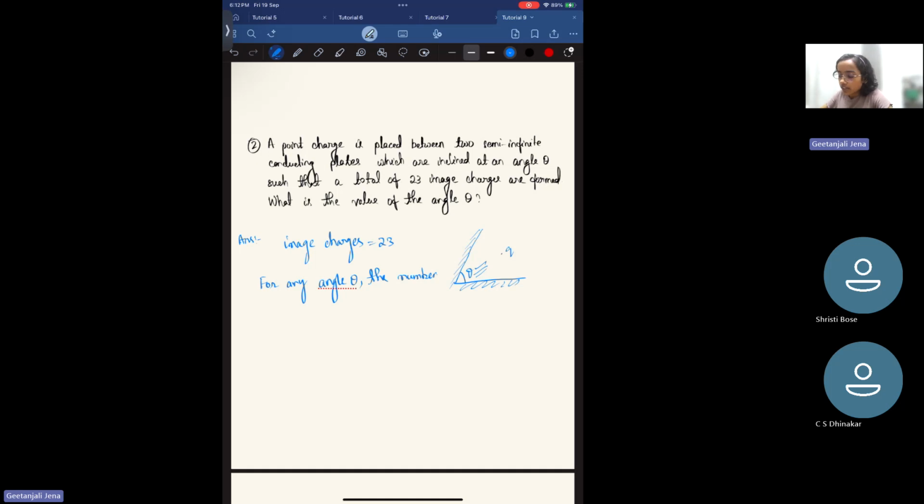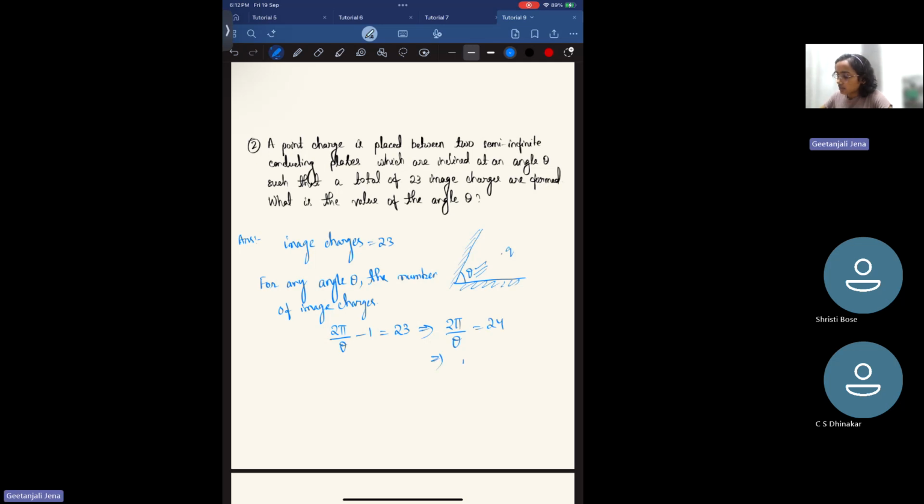So for any angle theta, the number of image charges will be found by using 2 pi by theta minus 1. It should be equal to the number of image charges, which is given, 23. So that means 2 pi by theta is 24.